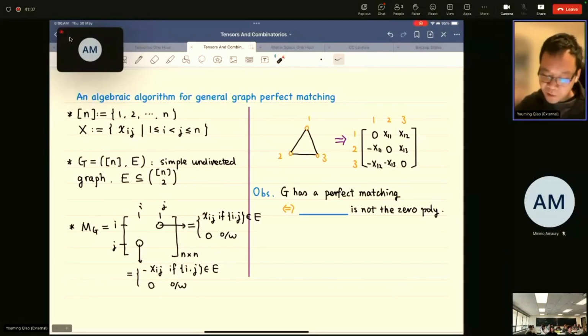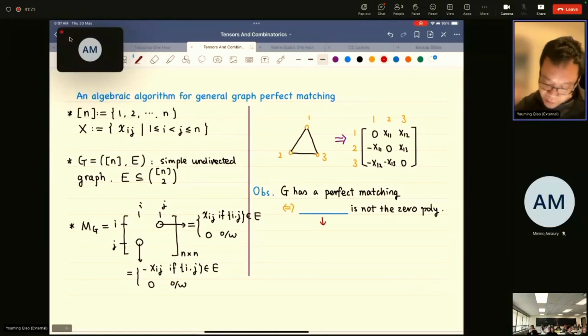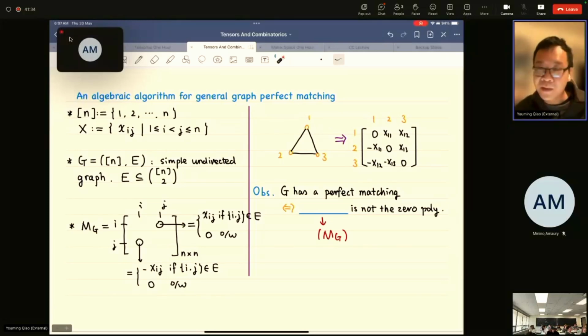And for general graph G, you can also have the observation that G has a perfect matching if and only if some polynomial about Mg is not the 0 polynomial. From what I read about Christopher's lectures, you probably have seen this polynomial.